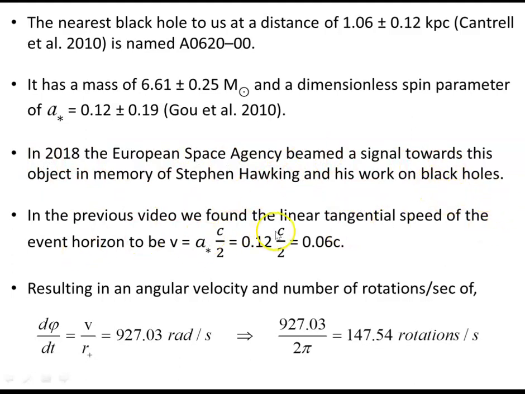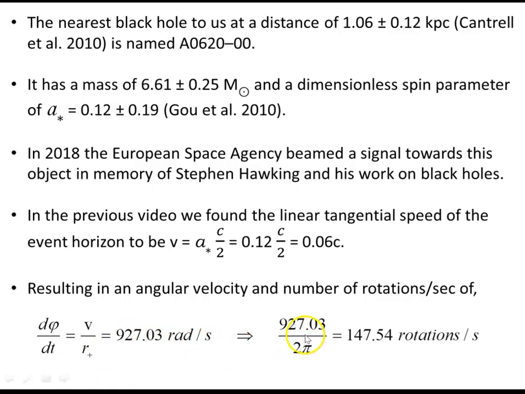Now, in the previous video, we found the linear tangential speed of the event horizon to be v is a star c on 2, which is 0.12 times c on 2, which is 0.06c. That's the linear tangential speed of the rotation. This gave us an angular velocity, defined as we saw in a previous video as v on r plus, of 927.03 radians a second.